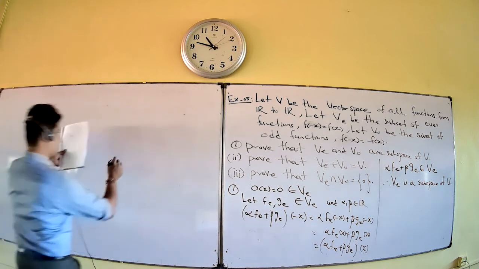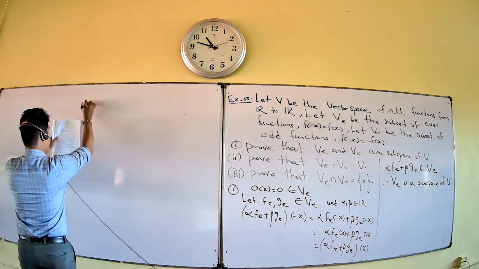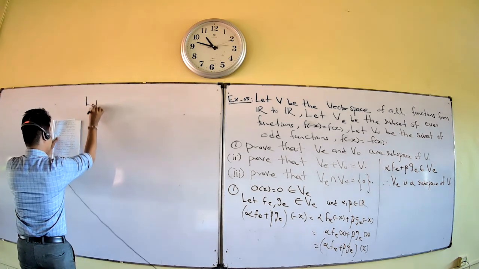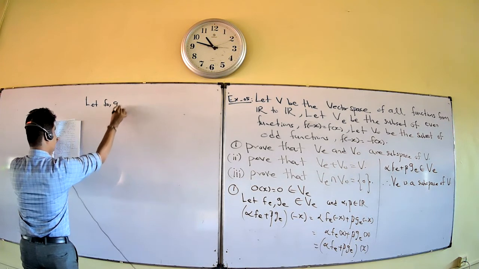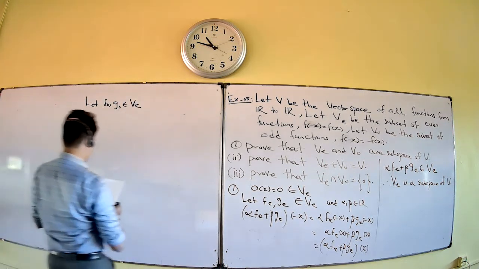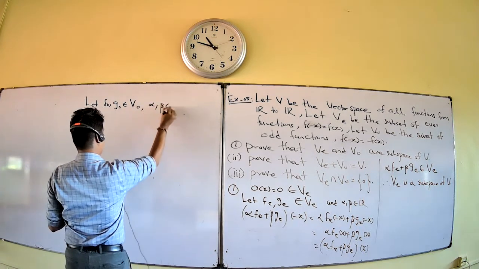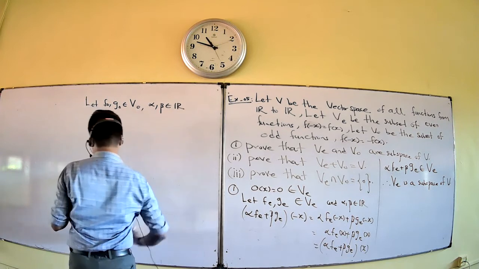So for the next part, let f_0, g_0 belong to V_E, V_E, sorry, V_0. Alpha, beta belong to the real numbers.